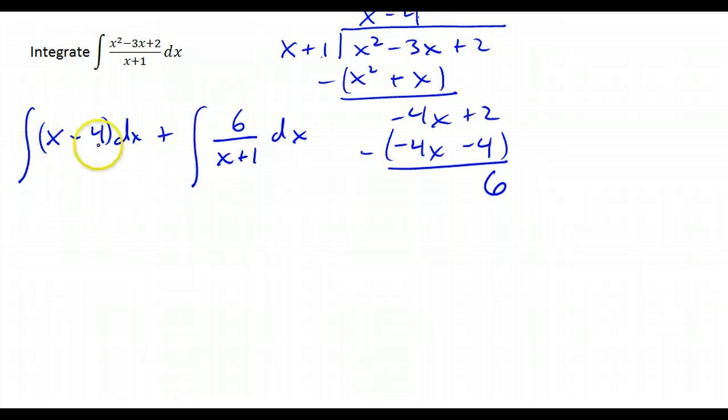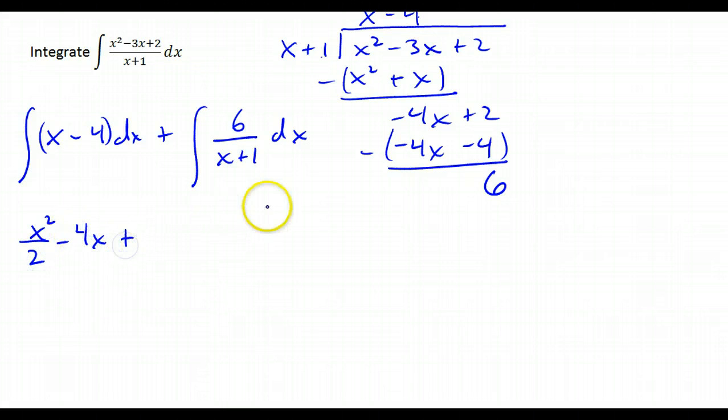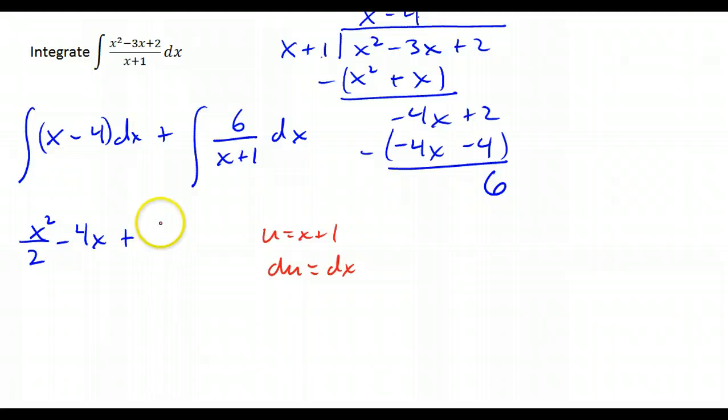All right, so the integral of x minus 4 is 1/2 x squared minus 4x. And here we'll do a u du substitution. u will equal x plus 1. du is dx. And so I can rewrite that as 6 times the integral of 1 over u du.